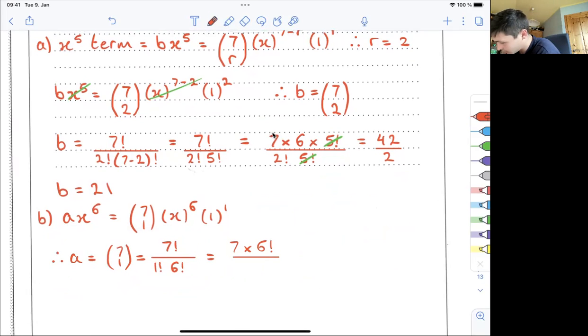We know 1 factorial is just 1. And so we can say divided by 6 factorial, we can do our cancelling, and then we get left with just 7, okay? So therefore, a is equal to 7, so that's our happy days.